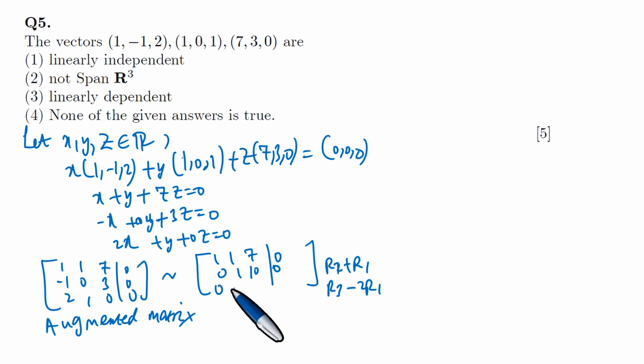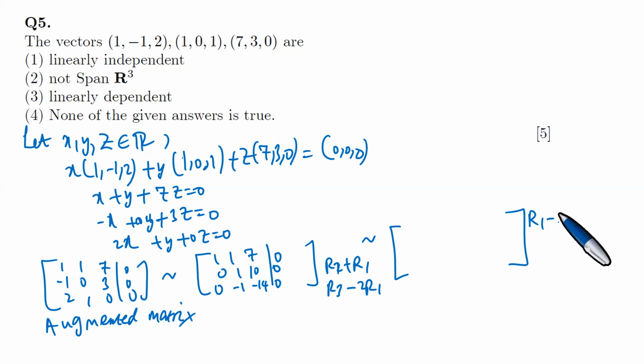So you have this. So row 1 minus row 2. 1 minus 1, 0.